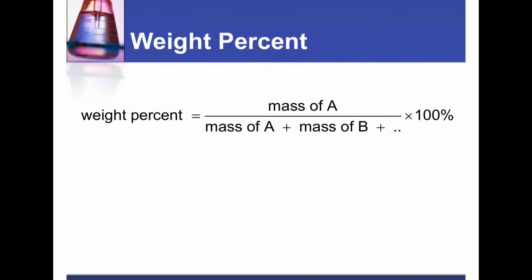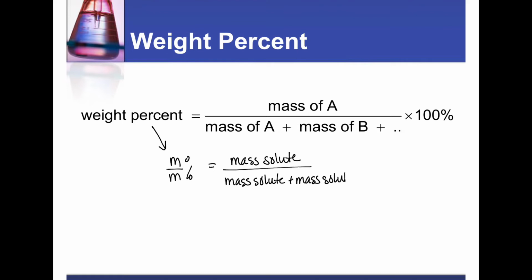So let's talk about weight percent. Weight percent is defined as the mass of the part on the top and the total mass on the bottom. The mass percent is the same thing as the weight percent. The mass percent is the mass of the solute on the top, and the mass of the solute plus the mass of the solvent on the bottom, times 100%.